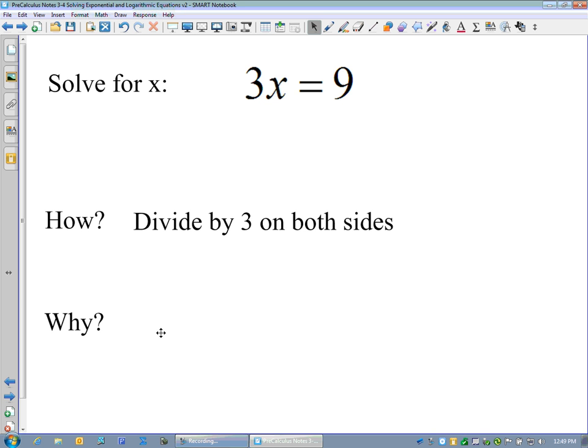But the question of why do we divide by 3? Why division is a more important question. And the reason is, you look at what's happening to the variable, and it is multiplication. That's what needs to be undone. So we undo multiplication with division, we undo addition with subtraction. These are things we've been doing in Algebra 1.